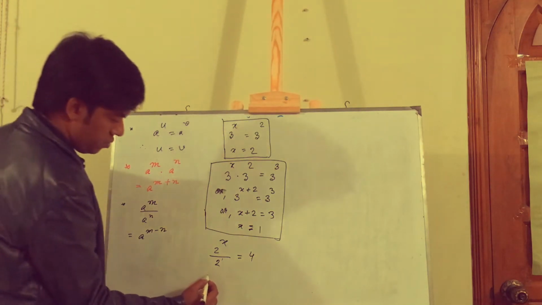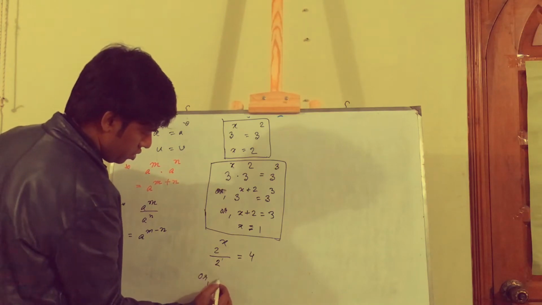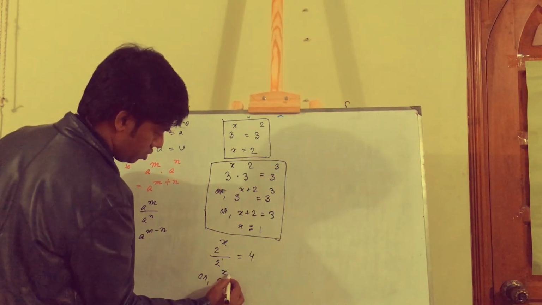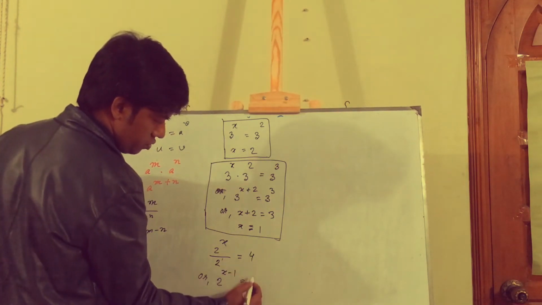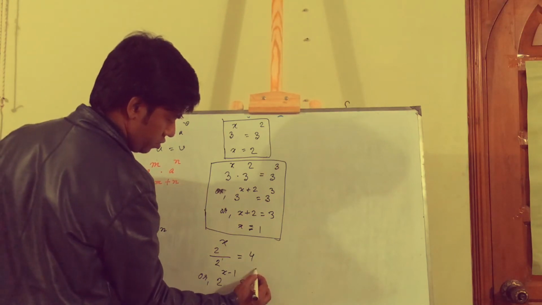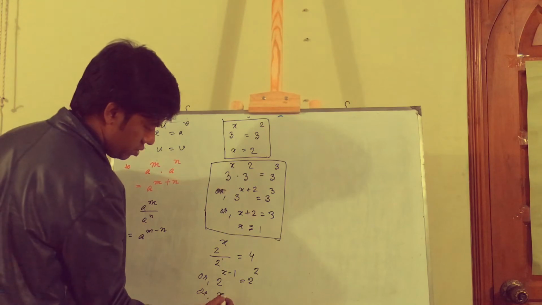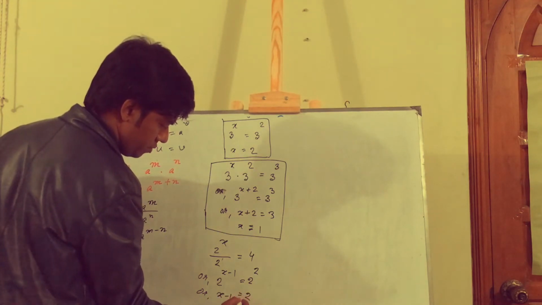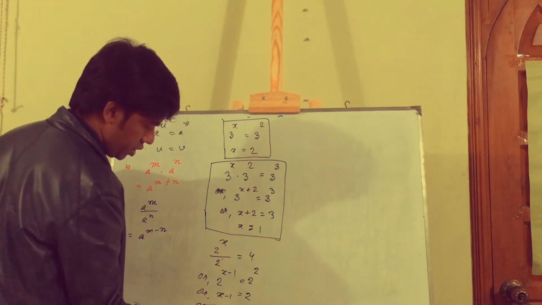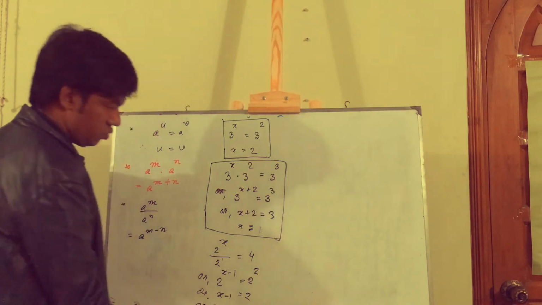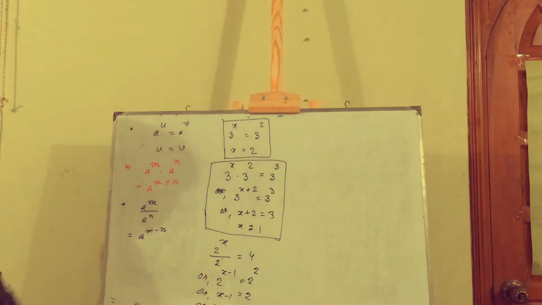As the base is the same, we can write 2 to the power x minus 1. And 4 can be written as 2 to the power 2. So we can write x minus 1 equals 2. Then x equals 3 will be the answer. This way we can do this kind of maths.